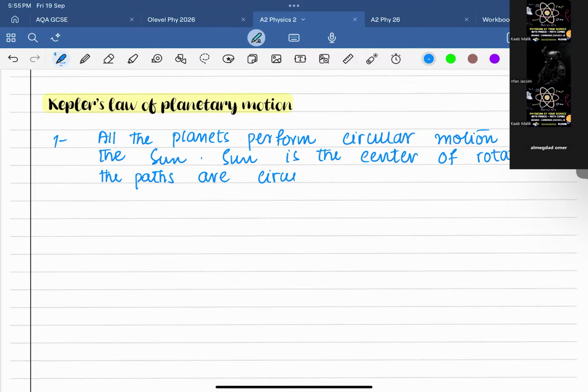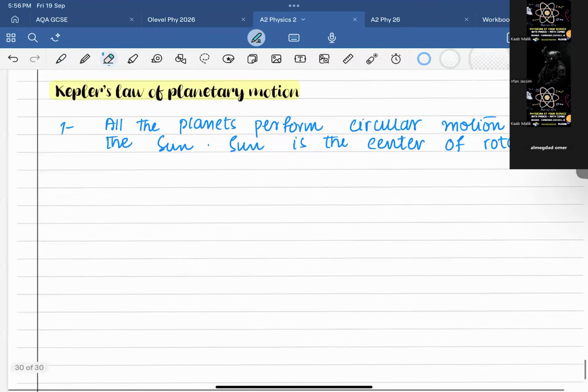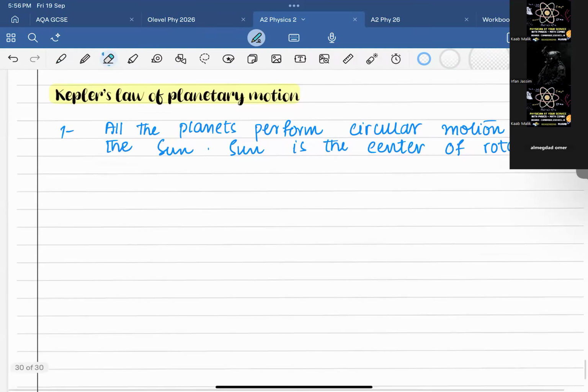Okay, or we don't have to write this one. In reality, the path is not a complete circle. It's somewhat elliptical, but we assume that all the planets perform circular motion around the sun. So this is the first thing we have, right?